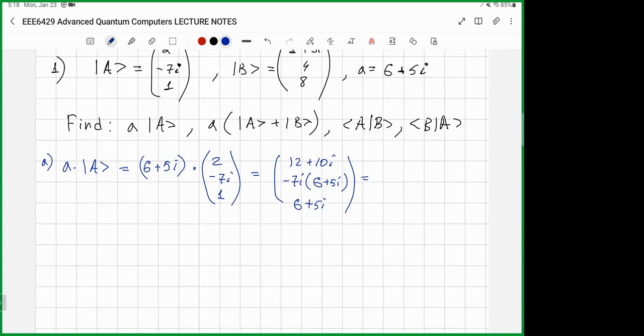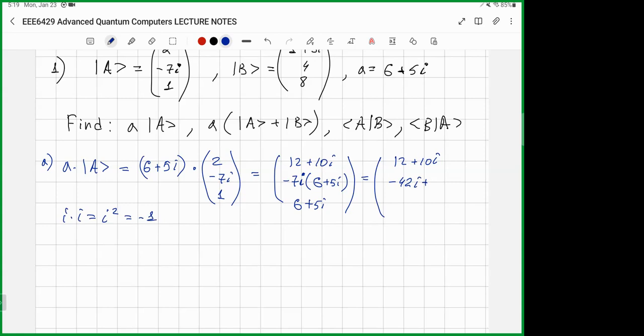Okay, so the first component is 12 plus 10i. Then expand the brackets: minus 7i times 6 equals minus 42i, and then plus minus 7i times 5i, which is minus 35 i squared, and i squared equals minus 1.